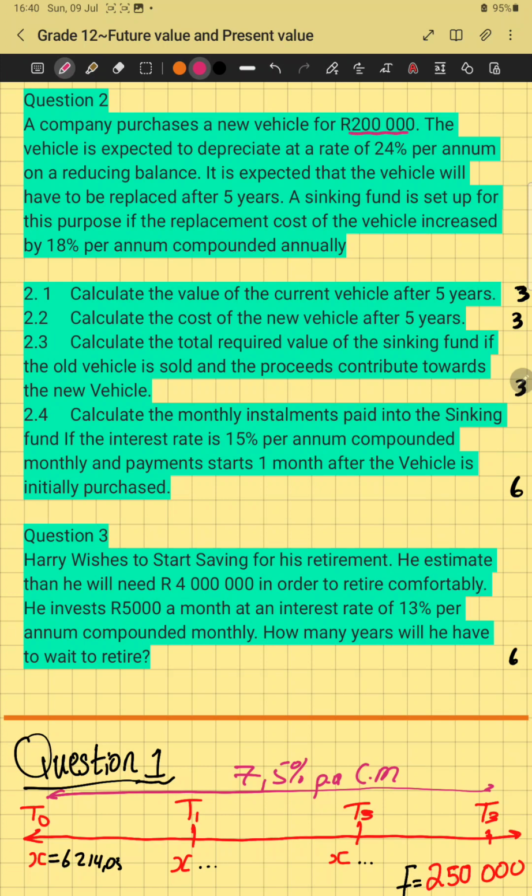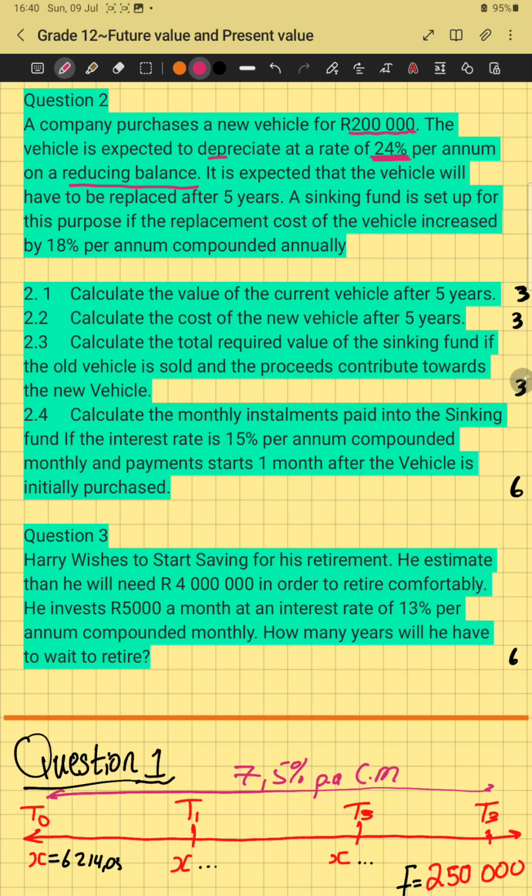So I want you to take note that the original price of this vehicle is worth 200,000. Okay, now let's continue. Then the vehicle is expected to depreciate at a rate of 24% per annum on a reducing balance.